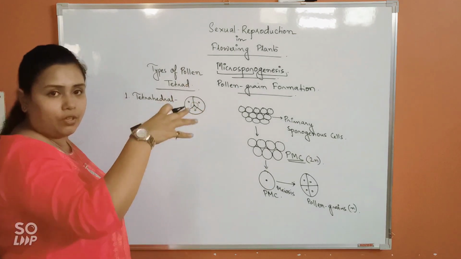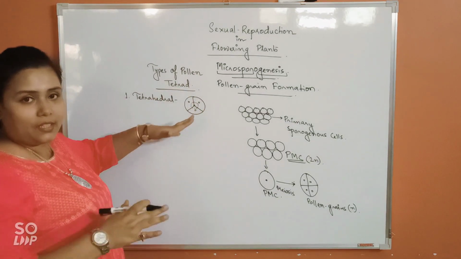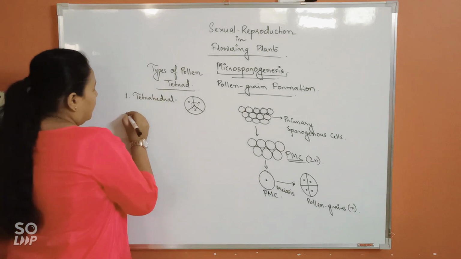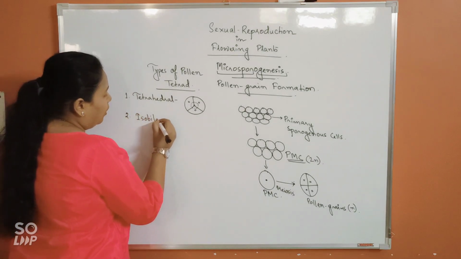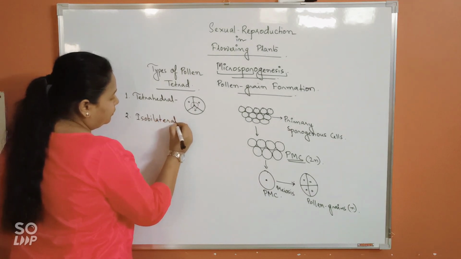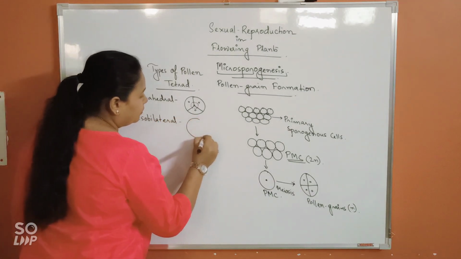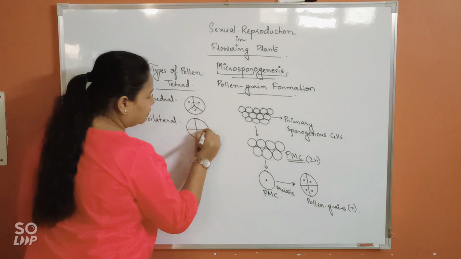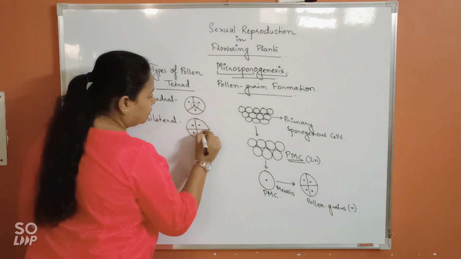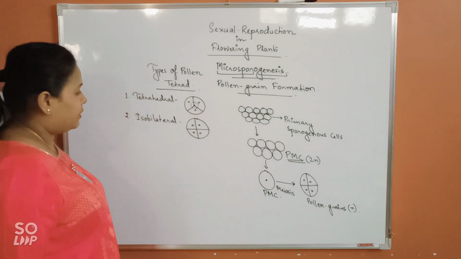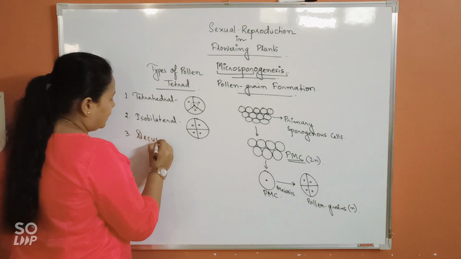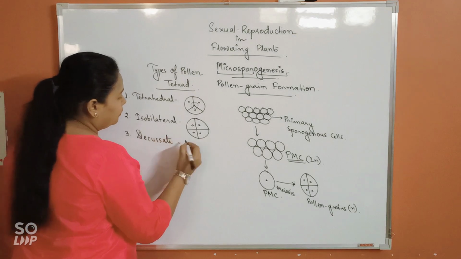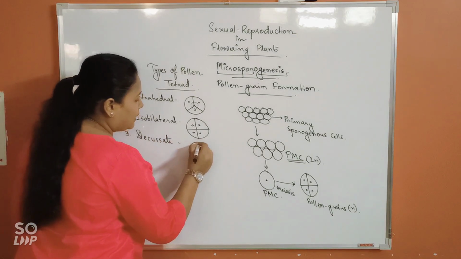It will be below the 3, hence we cannot see it otherwise. Second is isobilateral, which is common in monocots. Like this. Third is decussate, which is going to be as such.